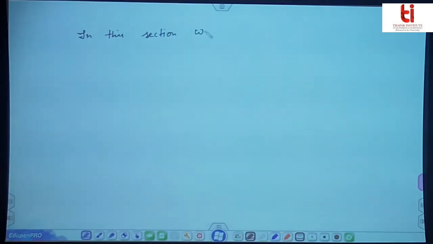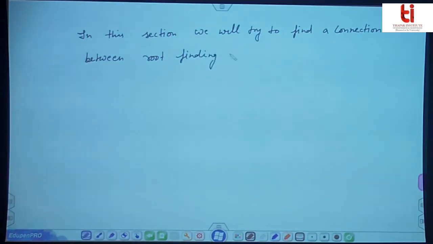We will try to find a connection between the root finding problem and the fixed point.